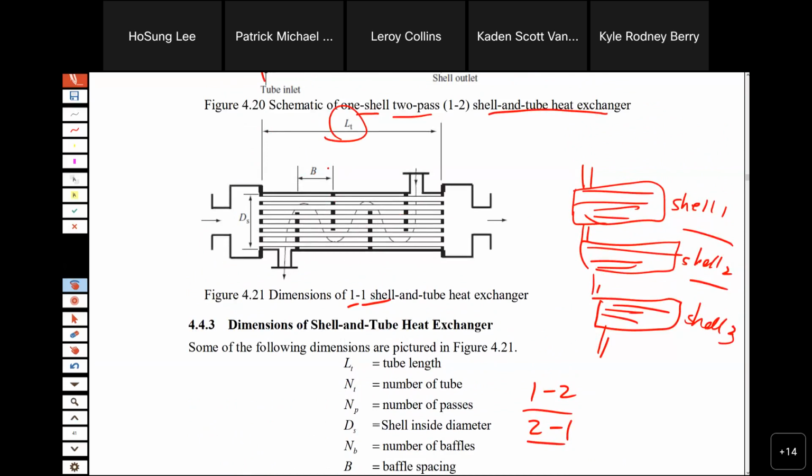This is the length of shell and tube, and this is the shell diameter, D of shell, and the inlet and outlet, T1 in, T1 out, if it is the tubular flow. So 1, 2 depends on which one is hot.